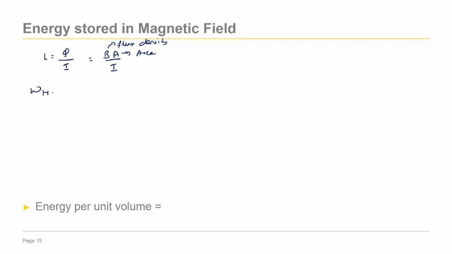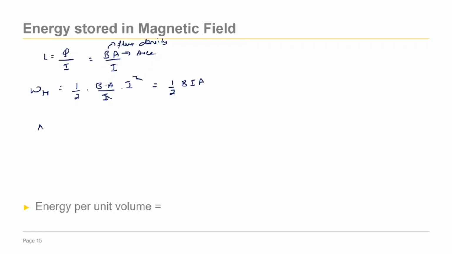Applying this relation into the energy equation, half L I squared takes us to half B times A by I times I squared. If I cancel out an I and an I, what I get here is half B I A.